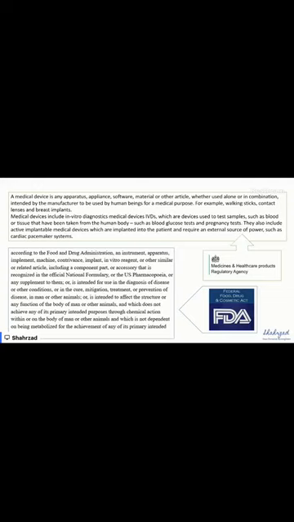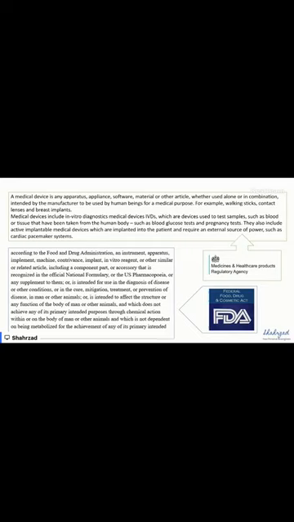A medical device is any apparatus, appliance, software, material, or other article, whether used alone or in combination, intended by the manufacturer to be used by human beings for a medical purpose. And then we have a few examples like walking sticks, contact lenses, and breast implants.